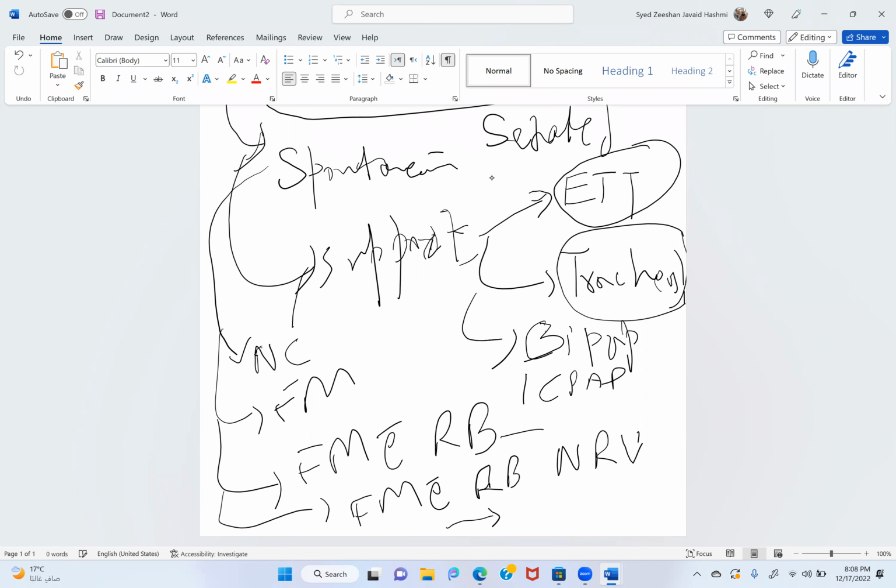Recently, with reference to COVID, the patient may be on high flow nasal. There is one more thing, the venturi mask.